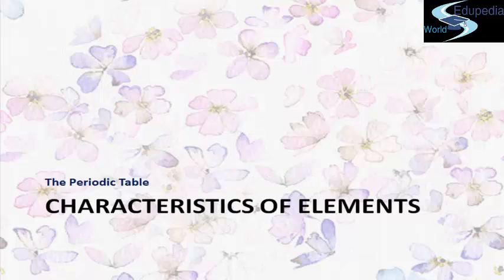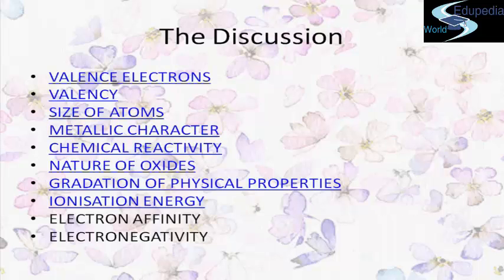Friends, for many sessions we have been discussing the characteristics of elements and the variation of those characteristics in the groups and periods of the modern periodic table. We already discussed the valence electron, valency, size of atoms, metallic character, chemical reactivity, nature of oxides, and many main physical properties, and how they vary as we move down a group or left to right in a period.